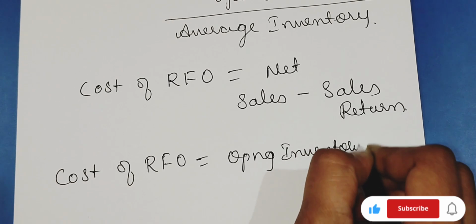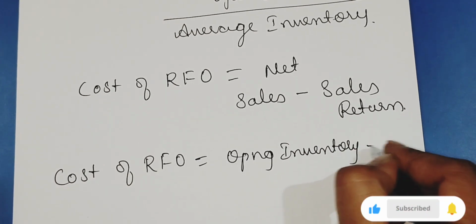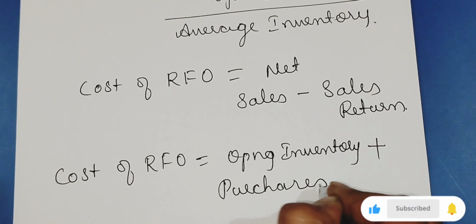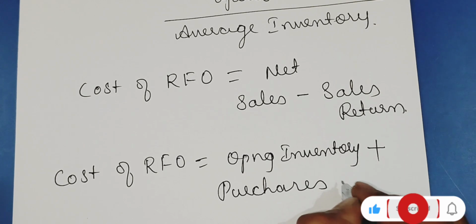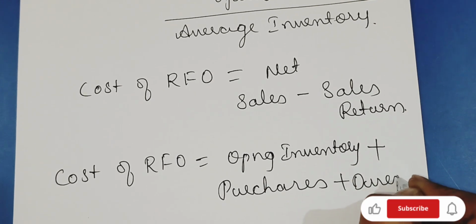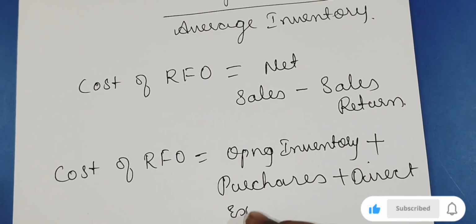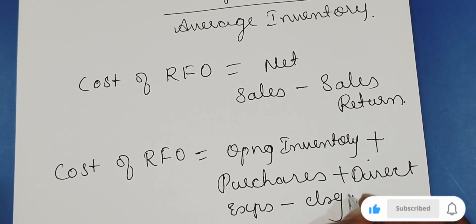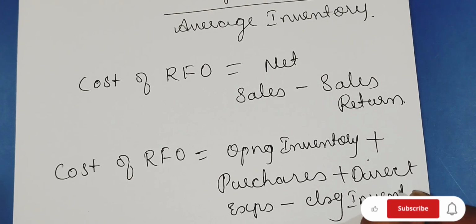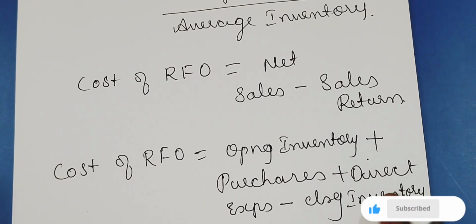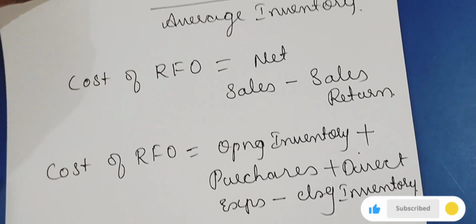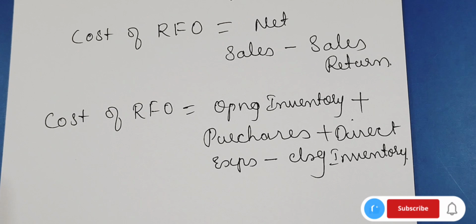Or we can also calculate cost of revenue from operations by taking into consideration opening inventory, that is opening stock, plus purchases plus direct expenses minus closing inventory, that is closing stock. So what do you mean by direct expenses here? The direct expenses are those directly attributable: the expenses you incur when converting a raw material into a finished product.